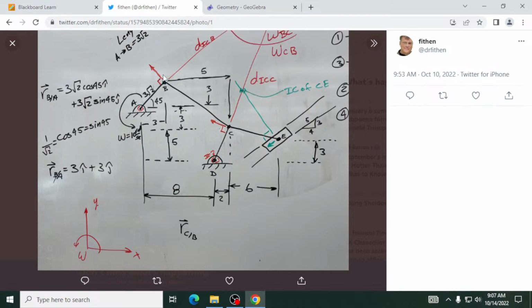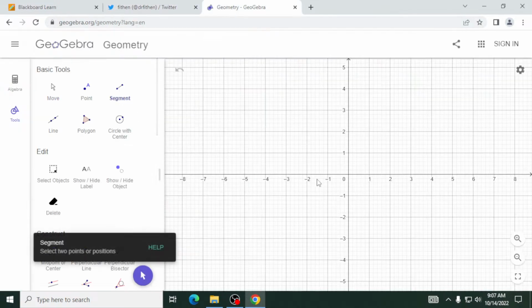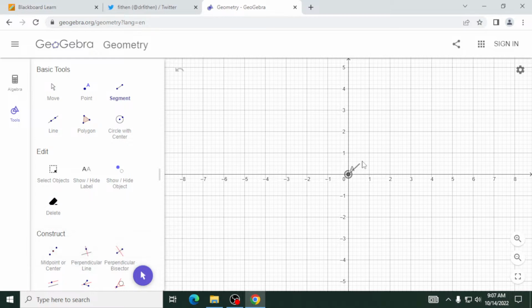So let's go ahead and do a segment from here to there. On my screen, it does not look like the right aspect ratio. And I think this is the same thing. That doesn't look the same distance, but on my regular screen, it does.